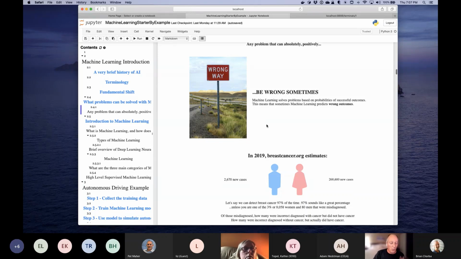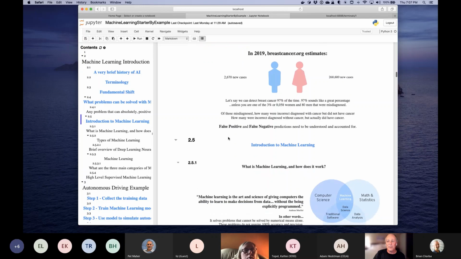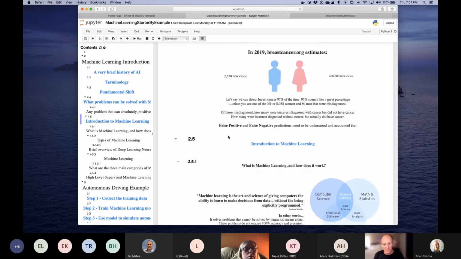And if we're going to talk about wrong sometimes, it's not just about whether I'm 97% accurate. So for example, if we look at 2019 breast cancer estimates, if we have an algorithm that can detect breast cancer at 97% accuracy, and that sounds like a fantastic percentage, and it is actually a fantastic percentage, but that's going to leave a certain number of people misdiagnosed.